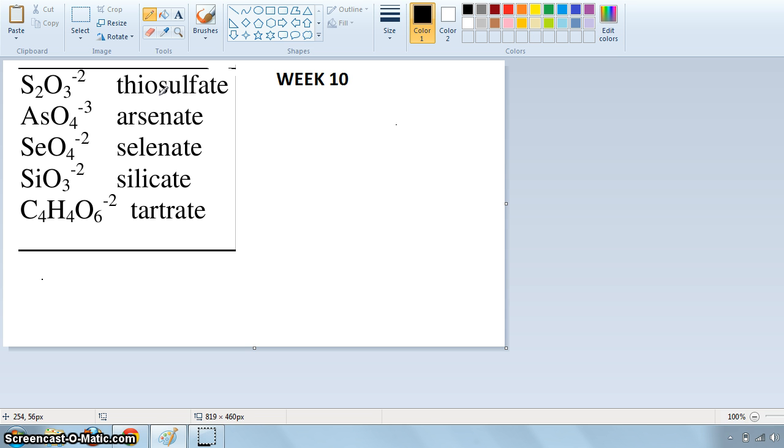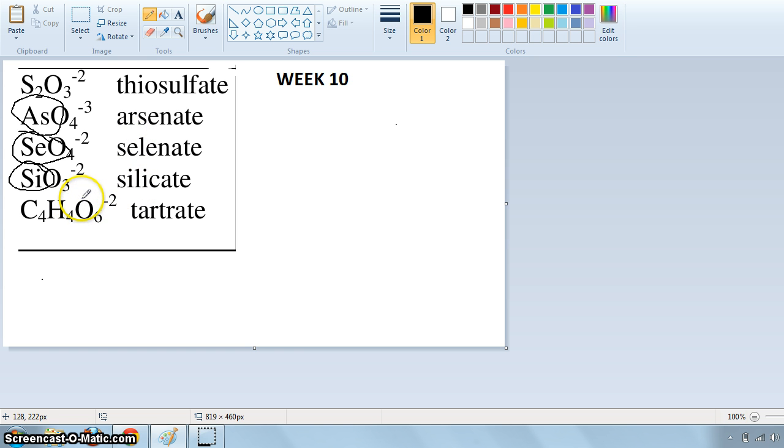Partly because three of the ions, selenate, arsenate, and silicate, have elements in them that, other than the ides, don't really show up. You don't have arsenite or selenite or those kinds of things.